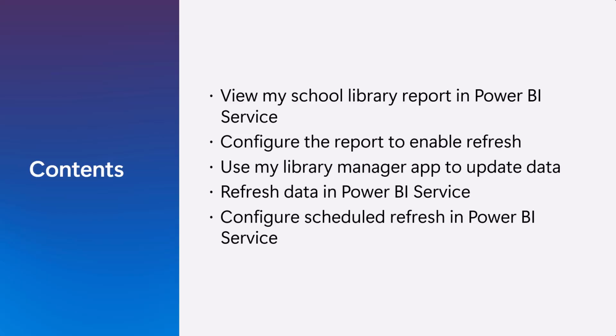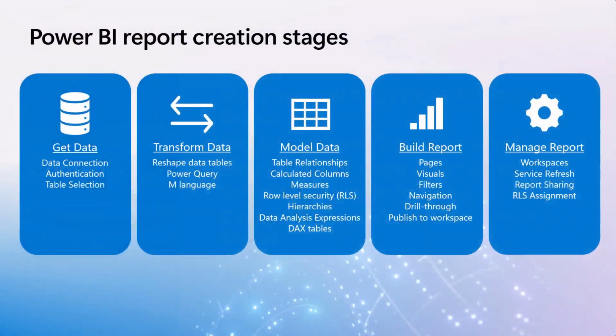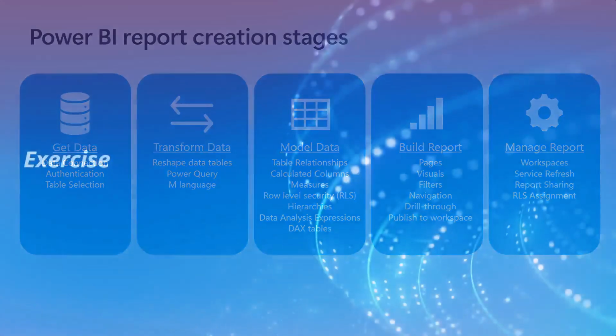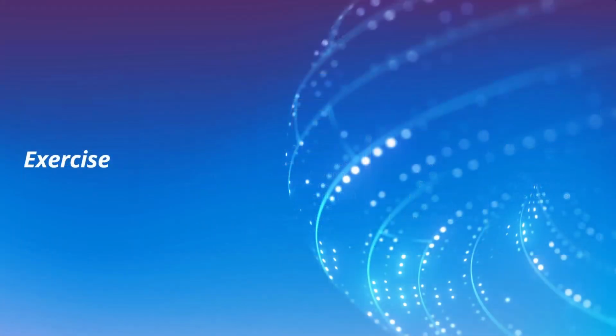We'll then go on to configure a scheduled refresh in the Power BI service so that our report data is kept up to date. In the context of the Power BI report creation stages, we're working in the Manage Report stage, and we're working entirely in the Power BI service. Let's move on to the exercise and start configuring the refresh.